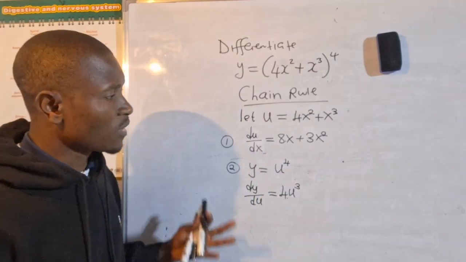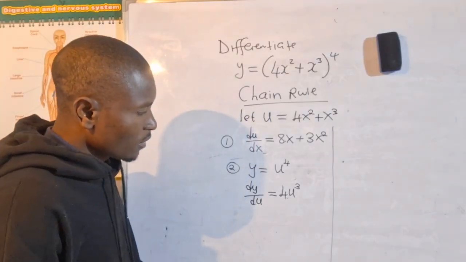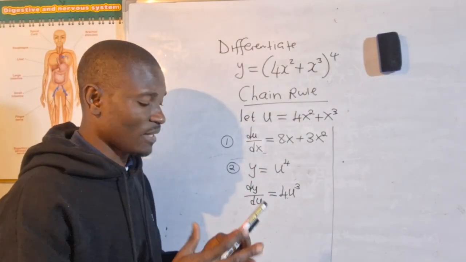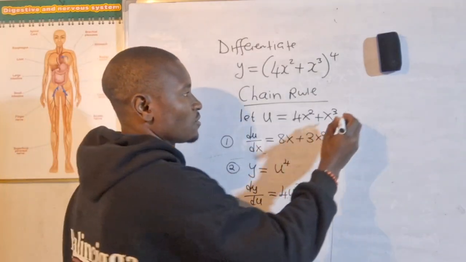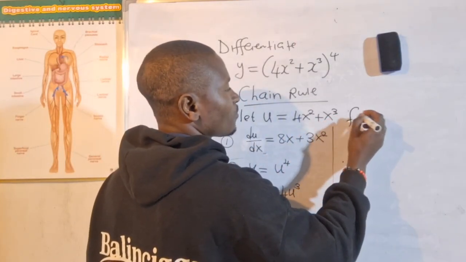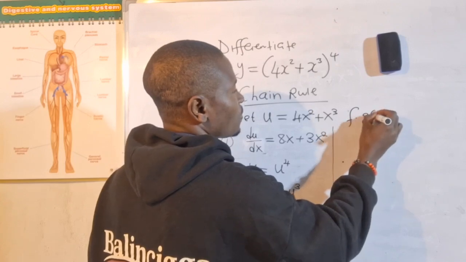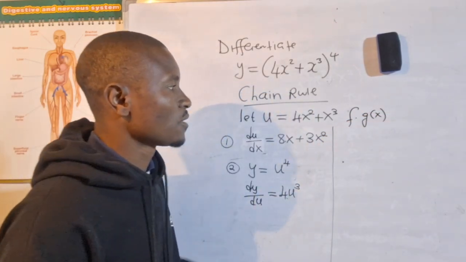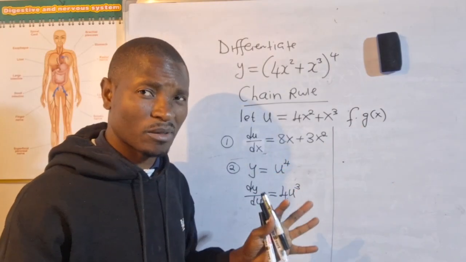Okay. So now the next thing that I'm going to do is to put these two things together like composite, the way we do composite functions. This is going to be f composite g of x, some concept.